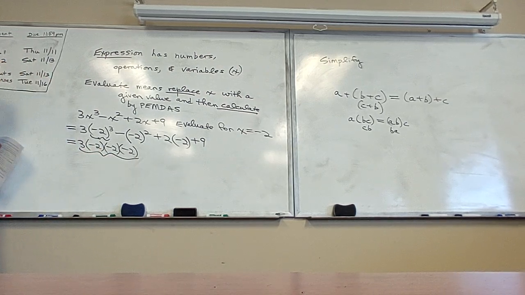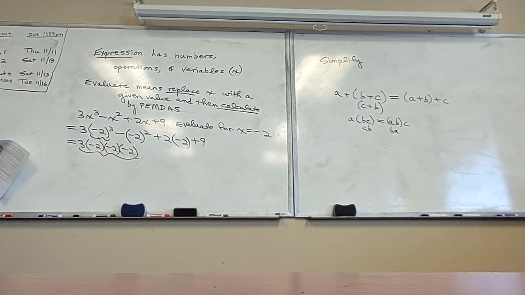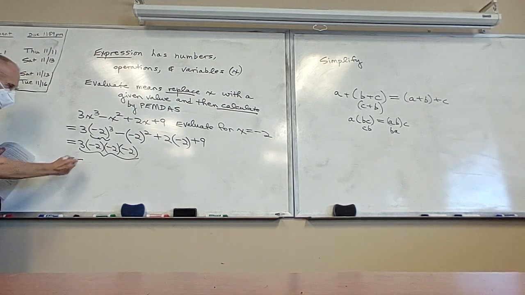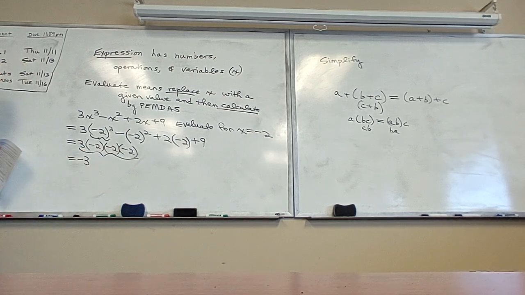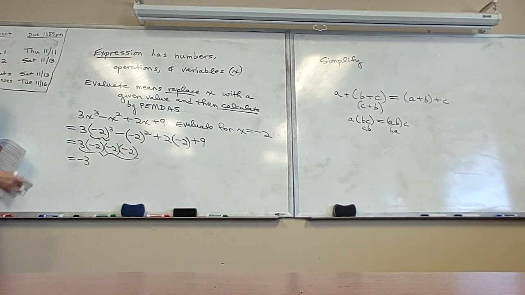Well, there are 3 negatives, an odd number of negatives, so I know the answer is going to be negative. And then you can multiply these in any order you want. Truth is, you can take 3 times 2 first if you want. If you write all this out, everything's being multiplied, and we just had the associative law.